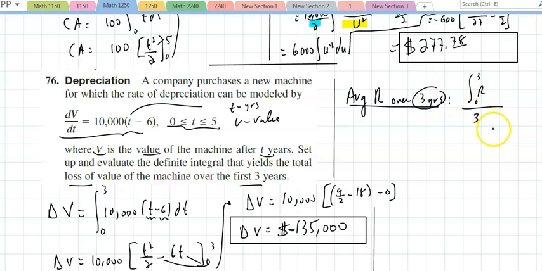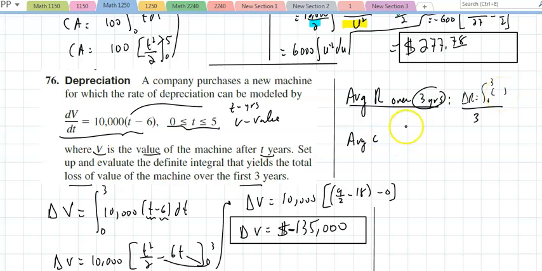That's the average. If I want to figure out the average cost, basically what I'm saying here, you will figure out the total change in revenue, which is the integral from 0 to 3 of whatever that function is.